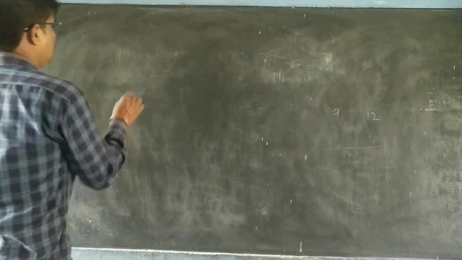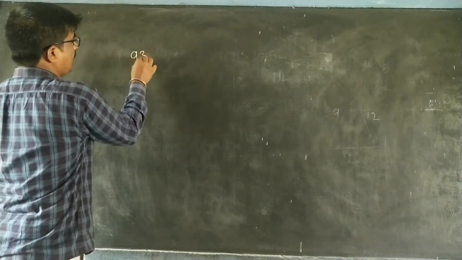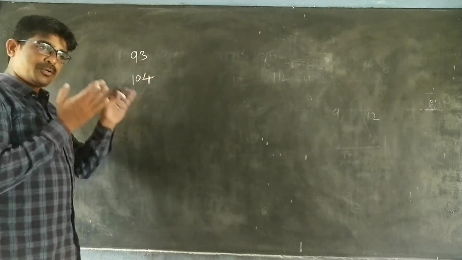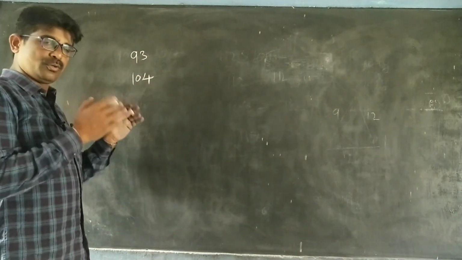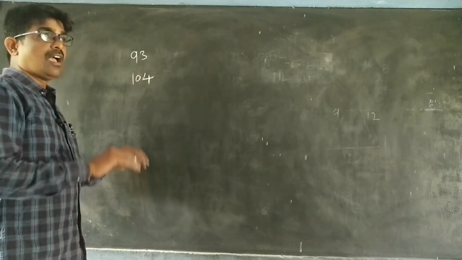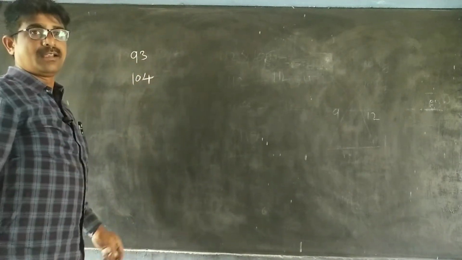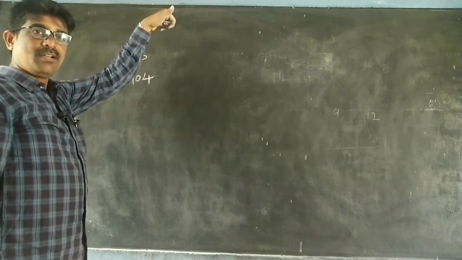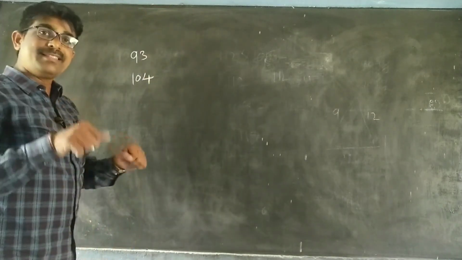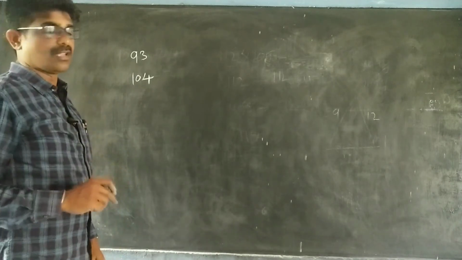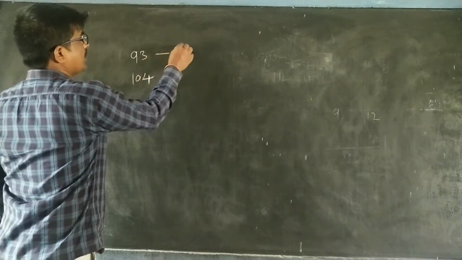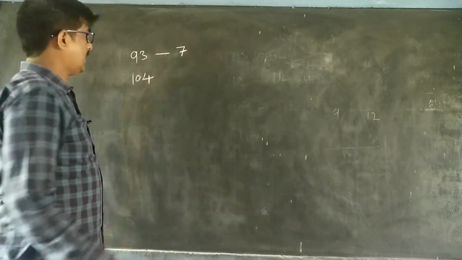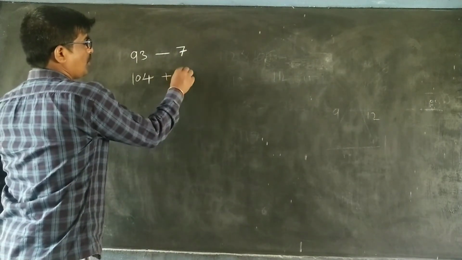Next, for example, 93 and 104. In the previous examples, both numbers were less than 100 or both were greater than 100. But here, one number is above 100 and one number is below 100. In this situation, how do we solve it? 93 is 7 less than 100, or 104 is 4 more than 100.